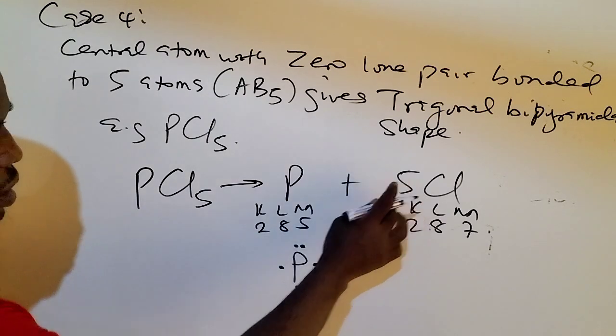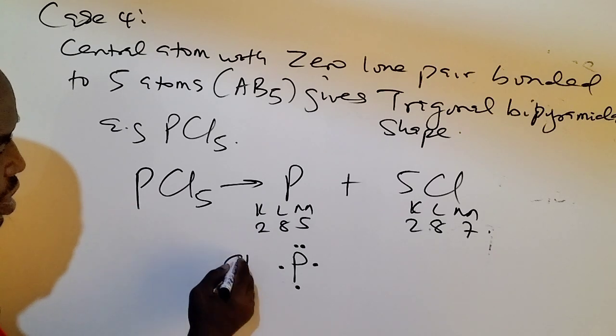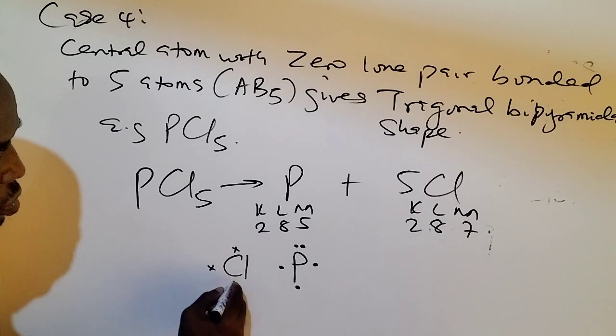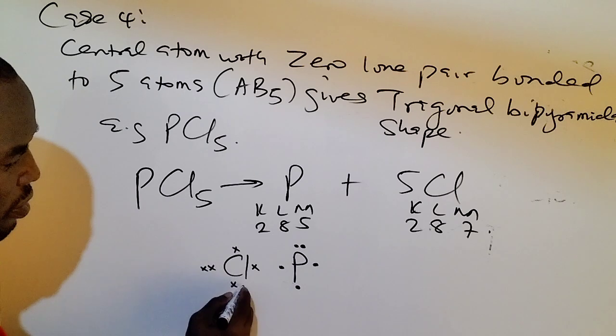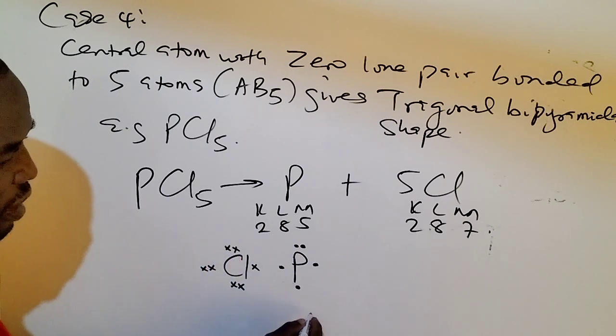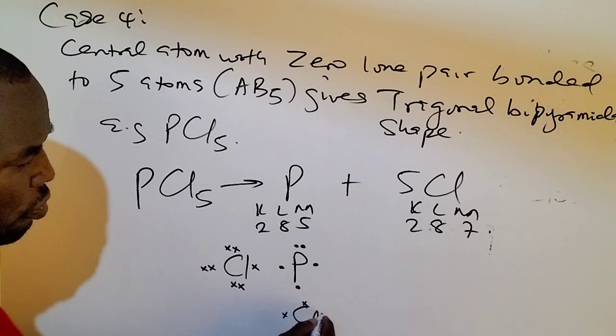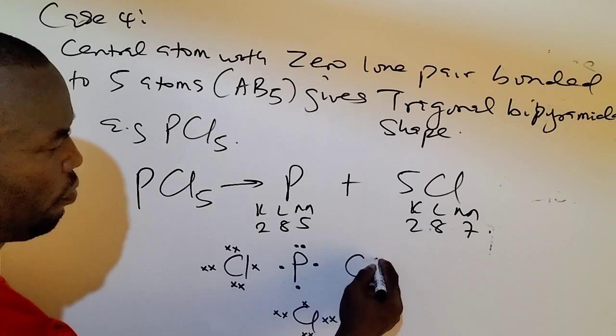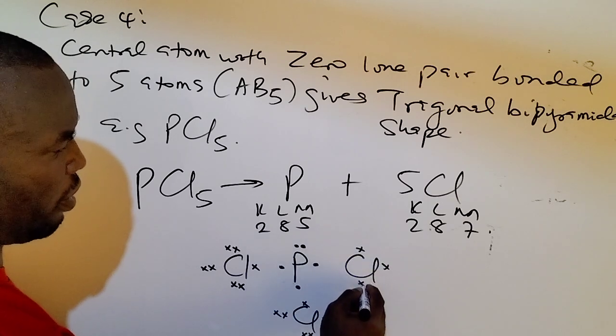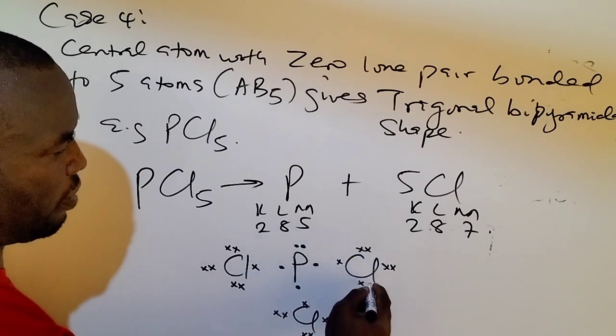And then each chlorine atom has 7 electrons in the outer shell: 1, 2, 3, 4, 5, 6, 7. Another one, 1 to 7. Another one, 1 to 7.